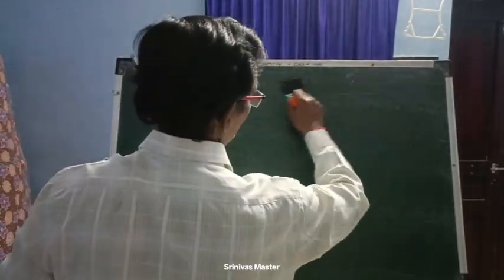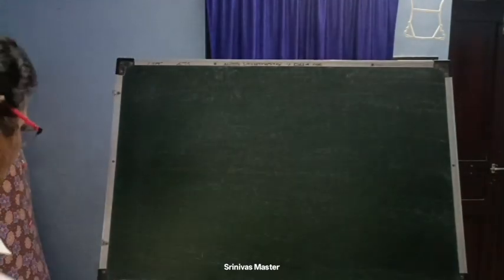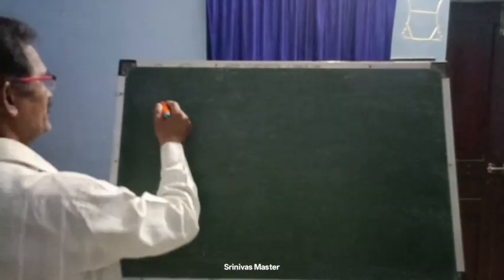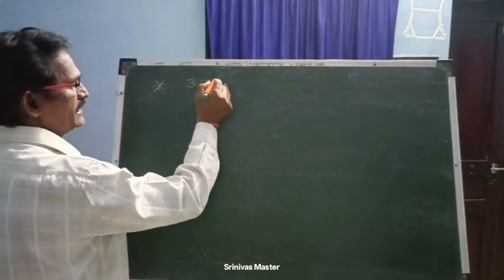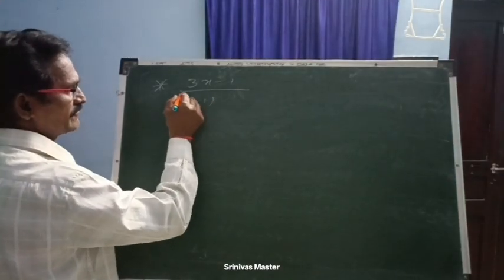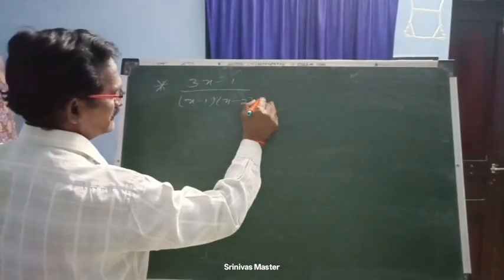Next model, what will be there, just you can see. If they are giving 3 fractions, x minus 1, x minus 2, x minus 3. See, one of the problems given is 3x minus 1 by x minus 1, x minus 2 and x minus 3.